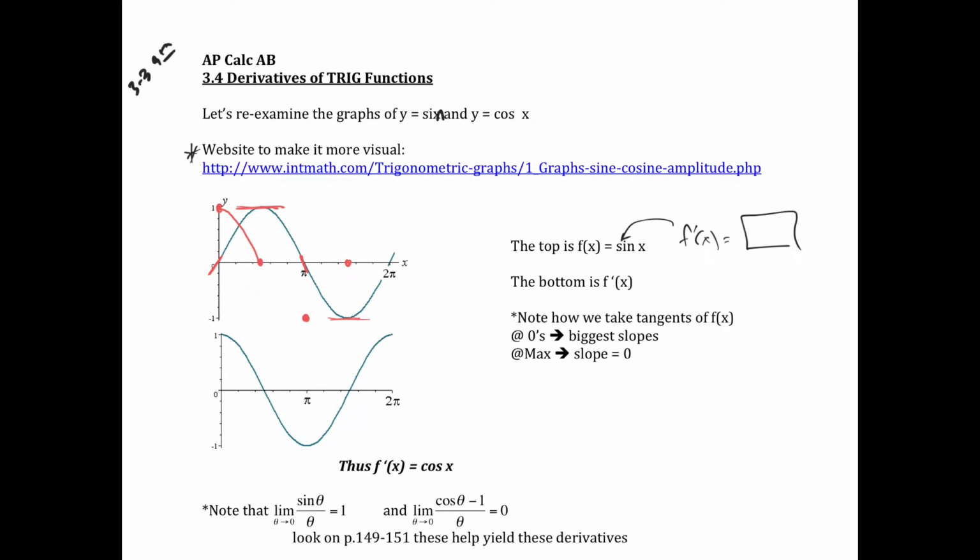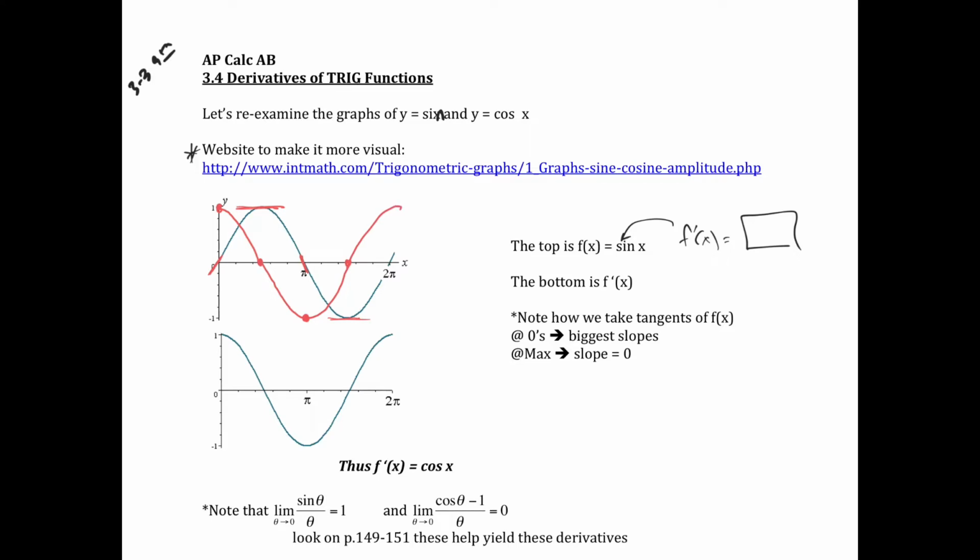Then the slope goes back, decreasing in negativity back to 0, right here, horizontal. Then it increases positive again and repeats the cycle.